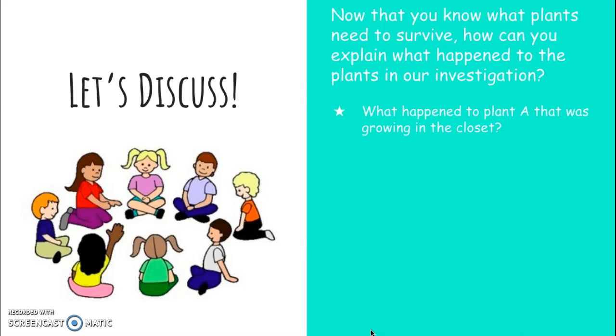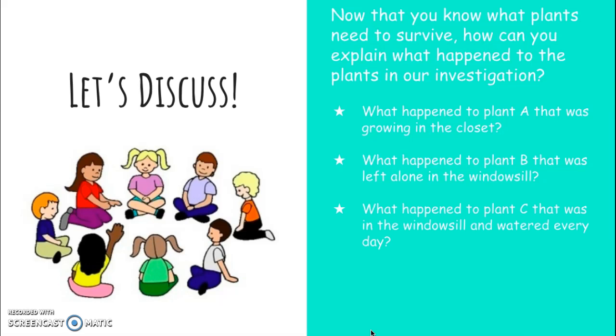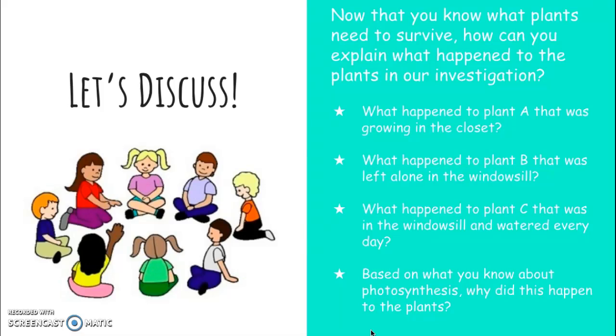And what happened to plant B that was left alone in the windowsill? And how about plant C that was in the windowsill and watered every day? Okay, I want you to discuss with your partner what happened to those plants. And then, now that you know about photosynthesis, why do you think this happened to the plants? Okay, discuss with your partner.